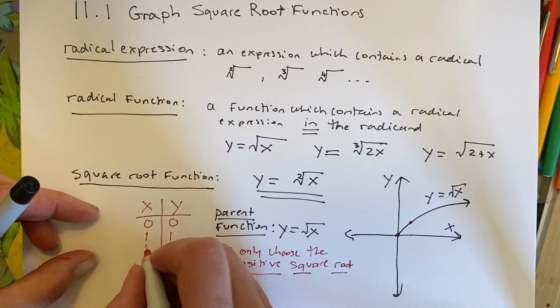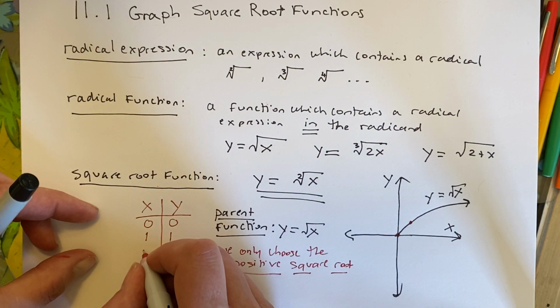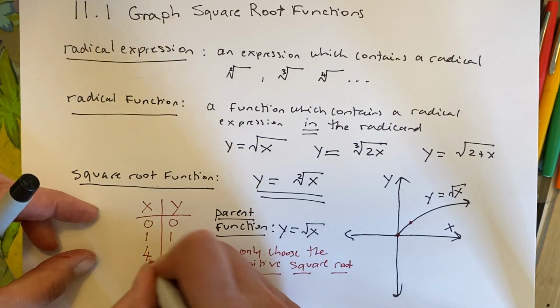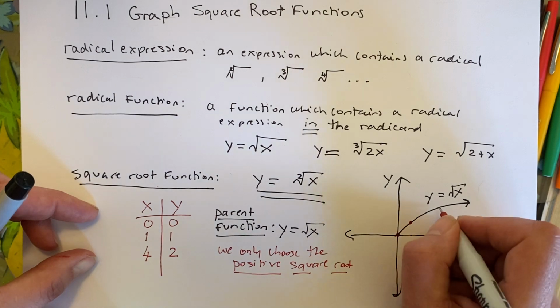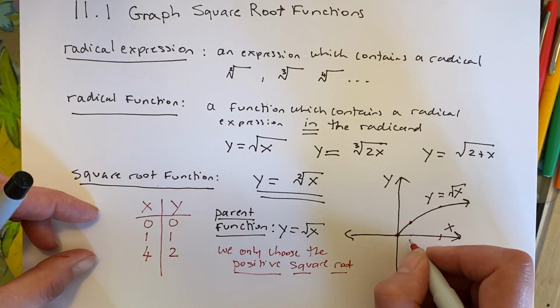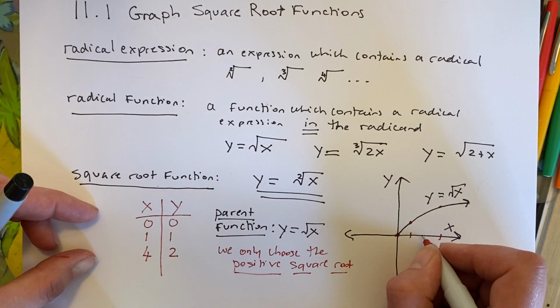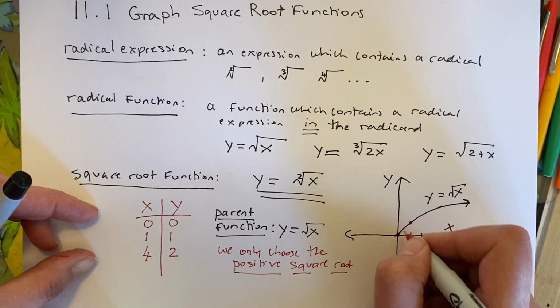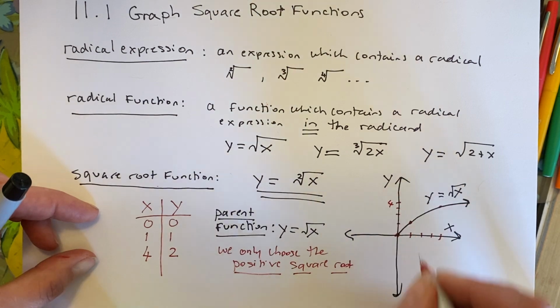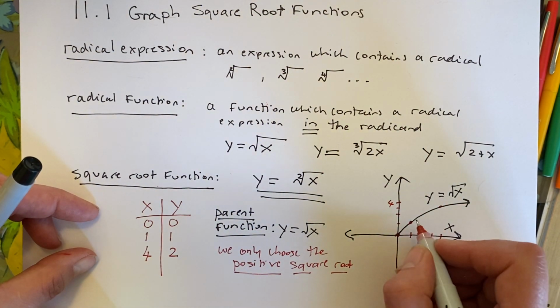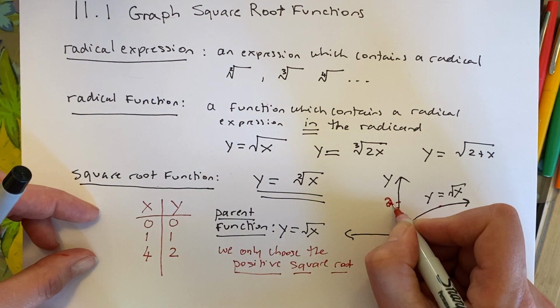So let's keep going, and I'm just going to make it easy for myself. If x is 4, y is 2, and that's going to be here. Oops, sorry. I meant to write 2 over here.